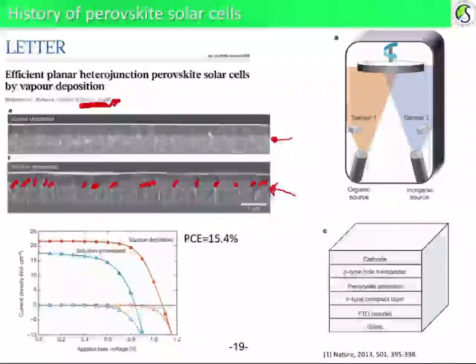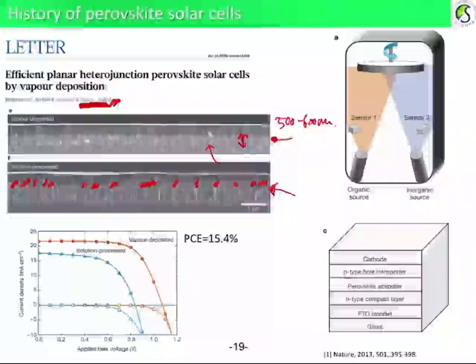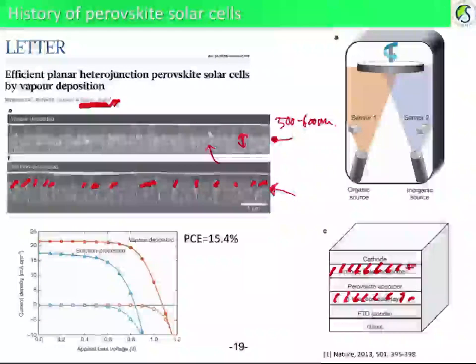You can see that the thickness of the perovskite layer is around 500 to 600 nanometer, and it is sandwiched in between the planar titanium dioxide layer and the P-type hole transporting layer.